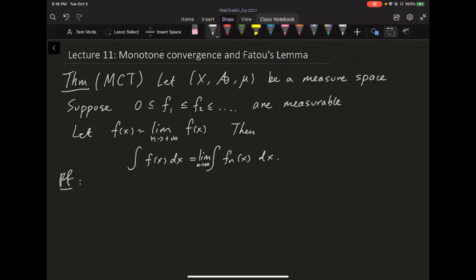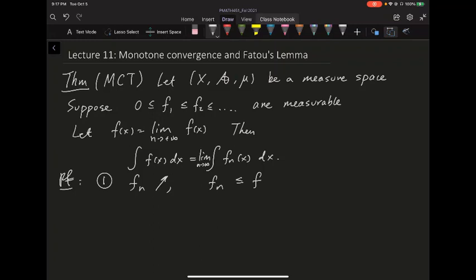The proof works the same as the one you saw in 450, so I'll go through it fairly quickly. One direction is really easy. Because f_n is increasing, f_n is less than or equal to f, just by the limit.